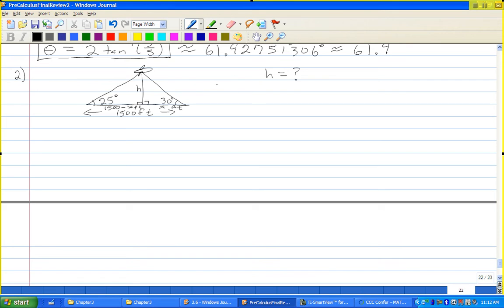Okay, so I have that X tangent of 30 degrees is the same as H, so the tangent is the opposite over the adjacent. And so the adjacent times the tangent of 30 degrees is the opposite. And so this has got to be the same situation.